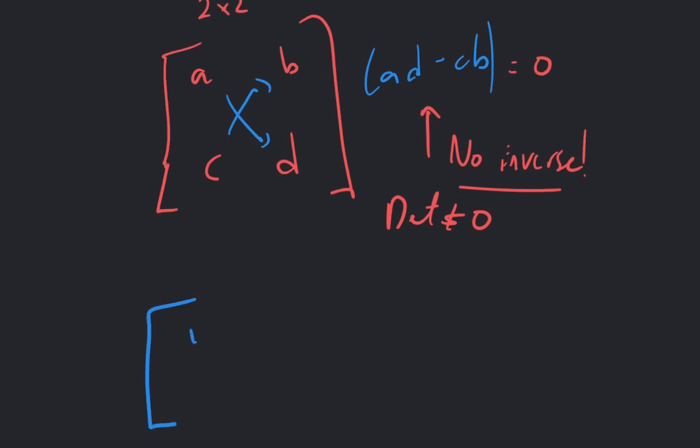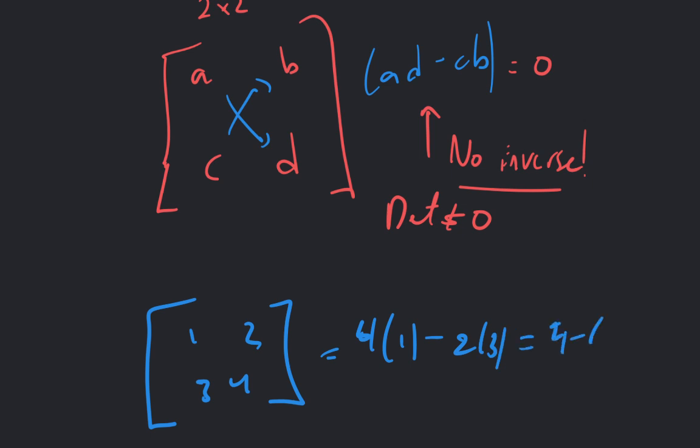If we do, say, 1, 2, 3, 4, the determinant is just 4 times 1 minus 2 times 3, or 4 minus 6, or negative 2.